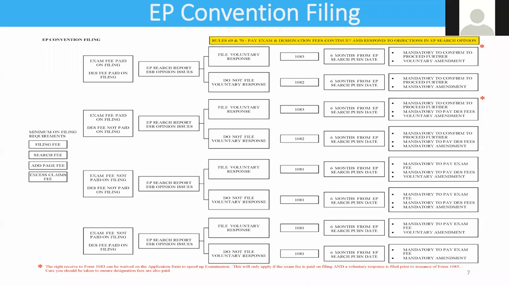The chart that you're looking at on this slide outlines what happens in detail after that 18-month publication of the application. So this chart has 4 different scenarios shown for EP Rule 69 and Rule 70.